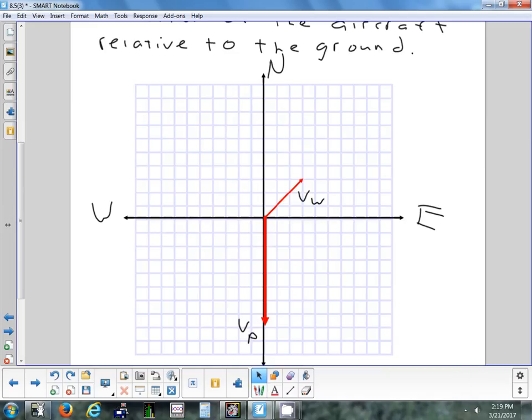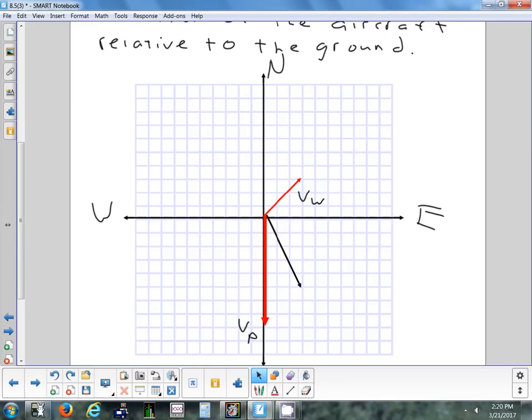All right, so if the pilot didn't make any kind of correction, what would actually happen is I'm going to just add these two vectors together, just like we learned on the very first day of vectors. This is how the plane would travel. I'm going to put that back where it was. That black line represents the actual direction.